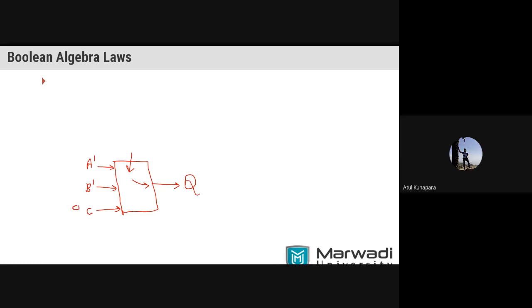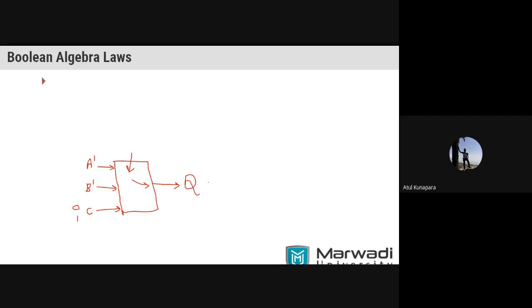Whether C is 0 or 1, I do not care. So this is my requirement. Why this requirement exists, we are not going into that detail, but to understand the meaning of Boolean expression, you can understand that you have a system, or a circuit, or some logical task which is getting three inputs A, B, and C.